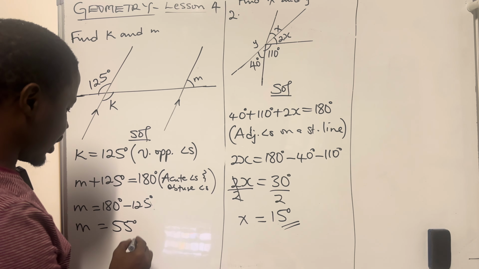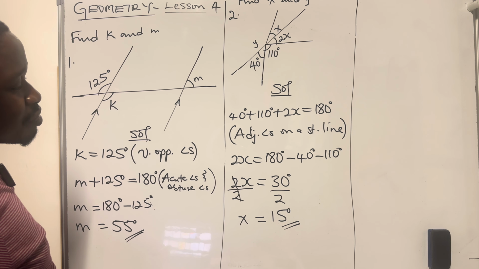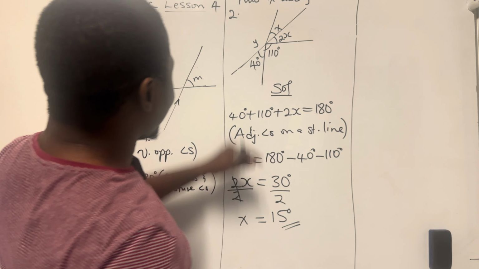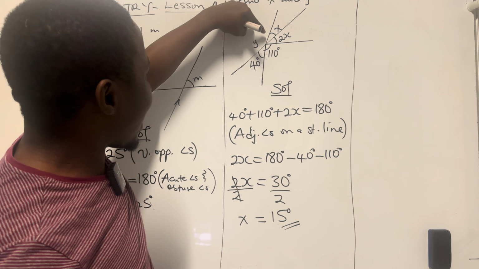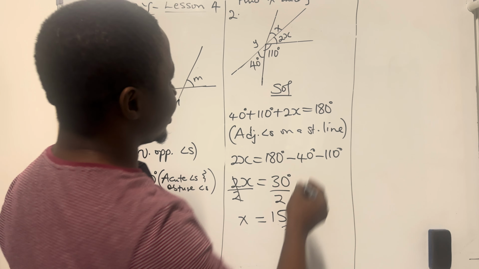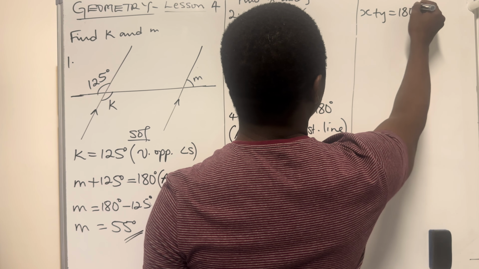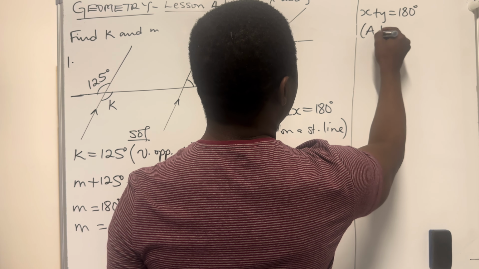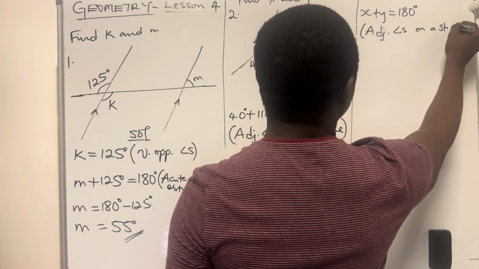So x is 15. Then we have to also find what? Y. Then we can consider this straight line now, wherein x and y are adjacent angles on a straight line. So now we say x plus y is equal to 180. Why? Because they are also adjacent angles on a straight line.